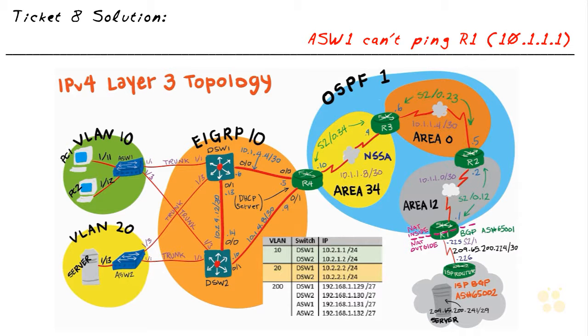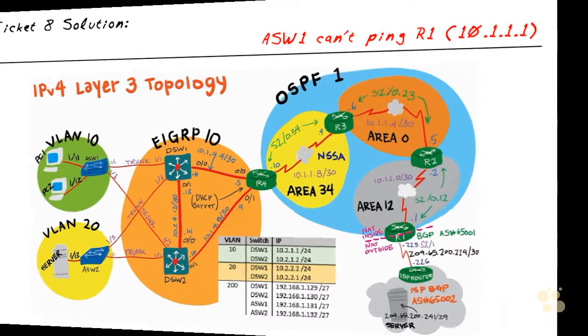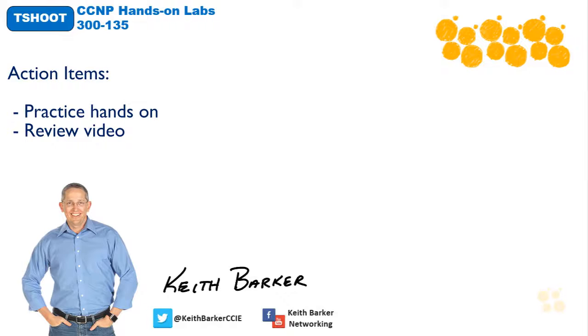So that, in addition to cleaning up the ARP cache on ASW1, we were able to verify it was taking the predictable path. Our second fault domain was on R2, and the technology was OSPF IPv4 routing authentication, and the correction was to include the correct authentication commands on R2's interface, so it could then become an OSPF neighbor with R3.